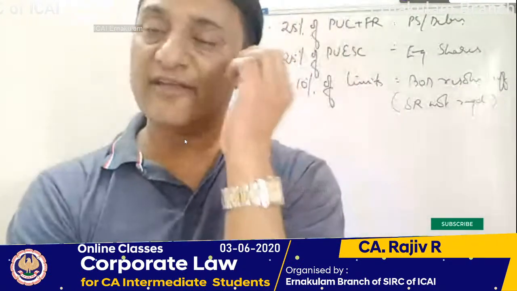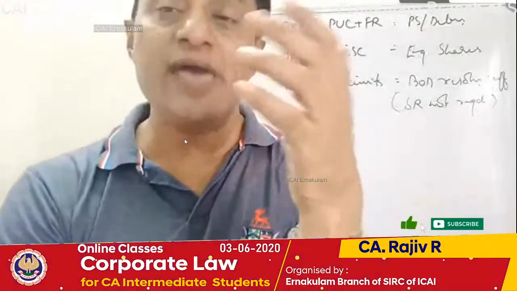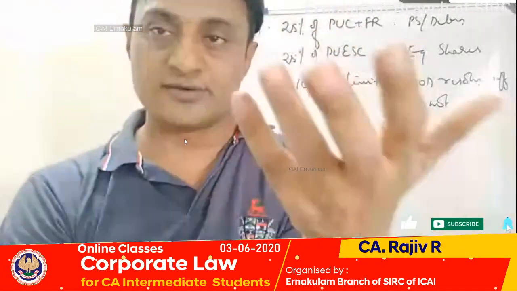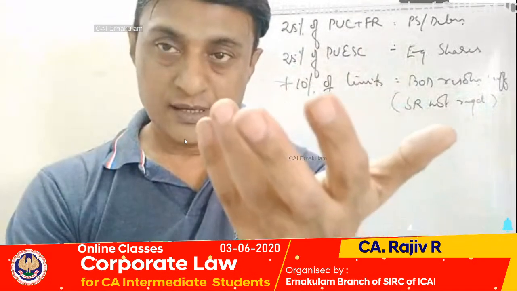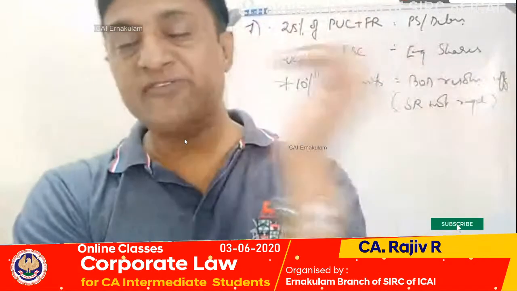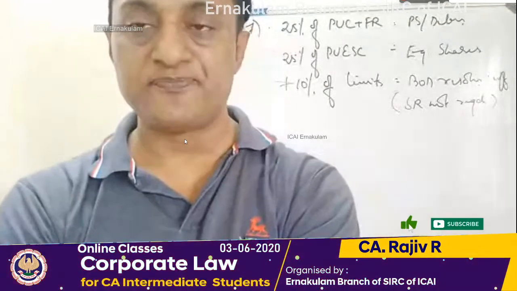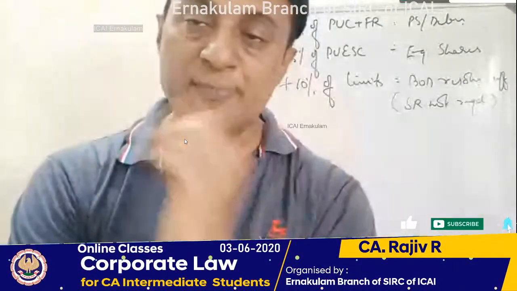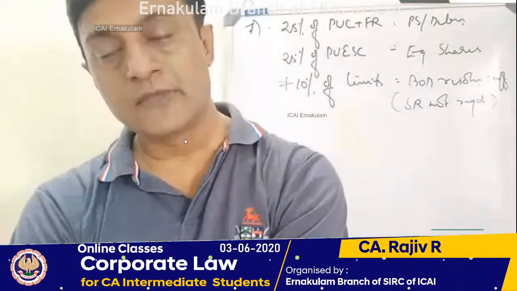Okay, so we have to be very careful here. We have to keep specifying. We may have to become security specific in our provisions. Debentures, preference shares, 25% of paid up capital plus free reserves. Equity shares, 25% of paid up equity share capital.